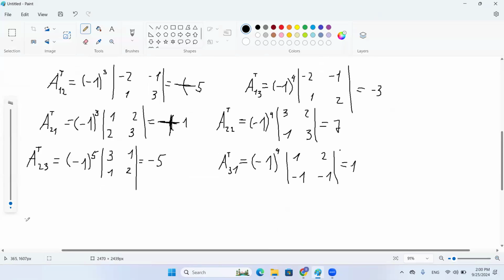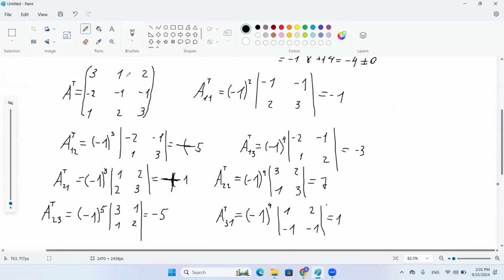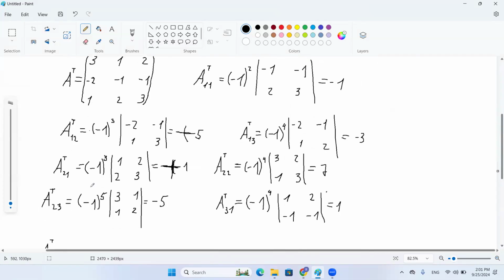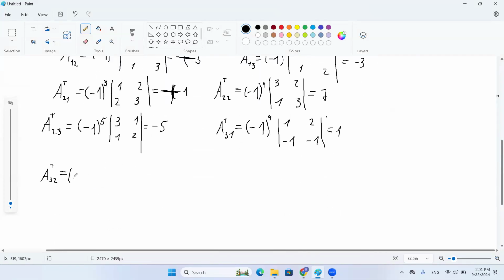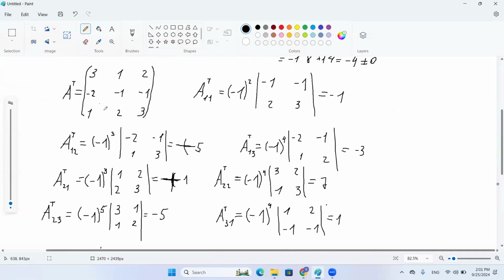Okay. Next, A transposed 32. I need to zoom out once more. And that will be -1 in the power of 5. And the determinant will be first column 3, minus 2, and second 2, 1.